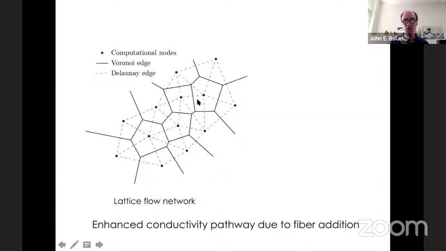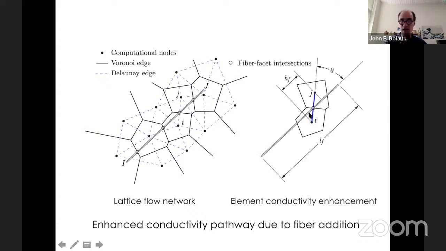Alternatively, and this is recent work, we can go back to that concept that I showed you a moment ago when we were modeling the mechanical properties of fibers and introduce conductivity enhancement wherever the fiber crosses a Voronoi facet. So you just sprinkle the fibers in, put the fibers anywhere within the model, and wherever the fiber crosses a Voronoi facet, we modify the properties of this transport element to account for the presence of the fiber.